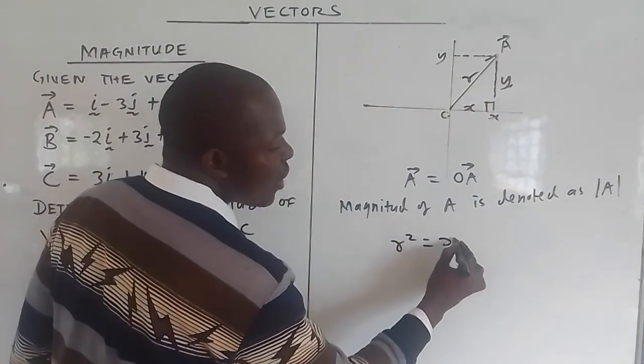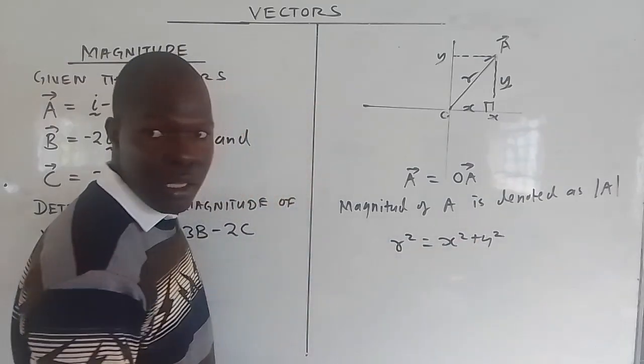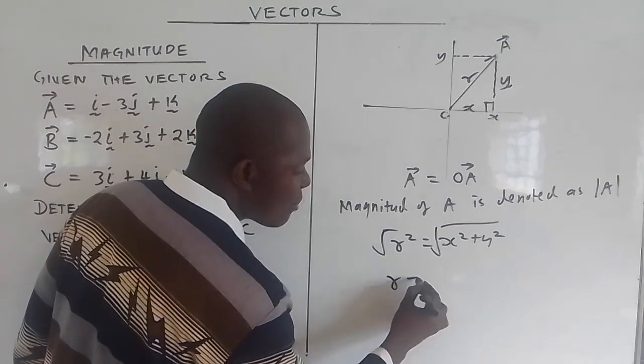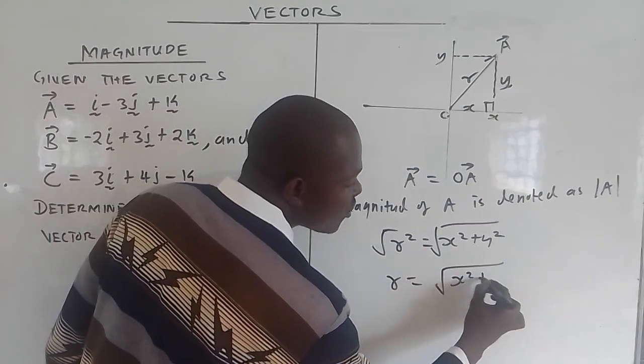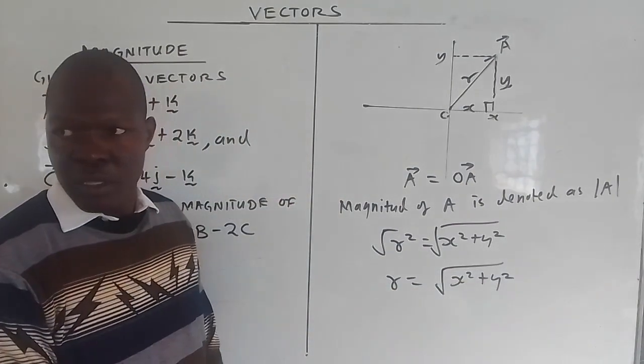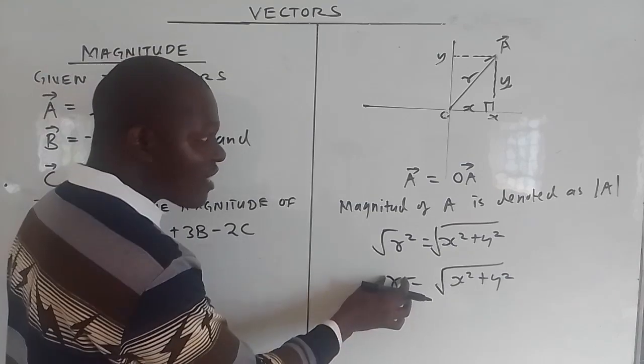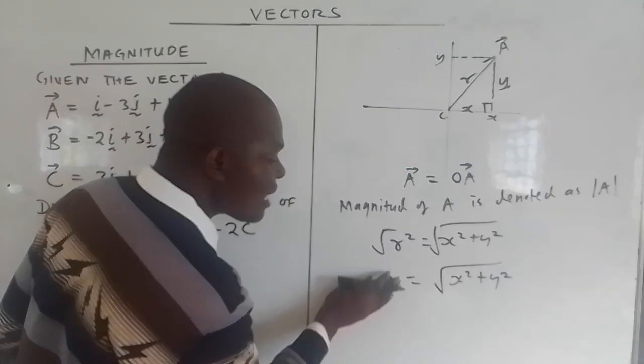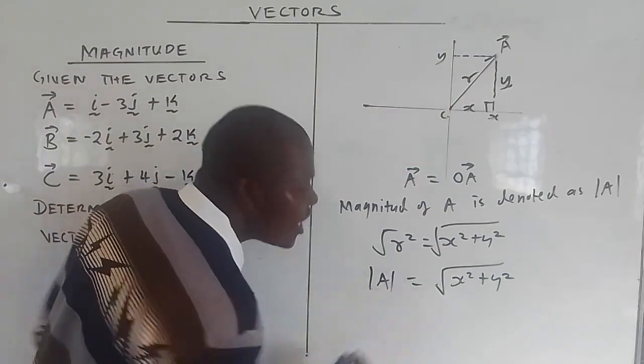There we have r squared is equal to x squared plus y squared. Are we together? So if you find the square root on both sides, you end up with r is the square root of x squared plus y squared, isn't it? Is that okay? So r is the length of this, giving you the magnitude. So this r, the magnitude of A, is what we denote by that.